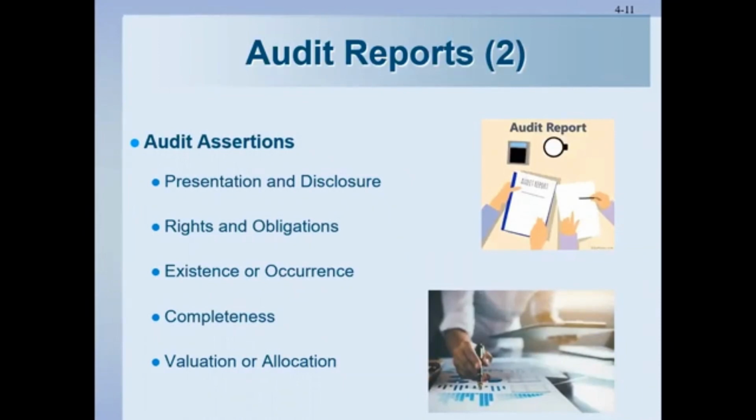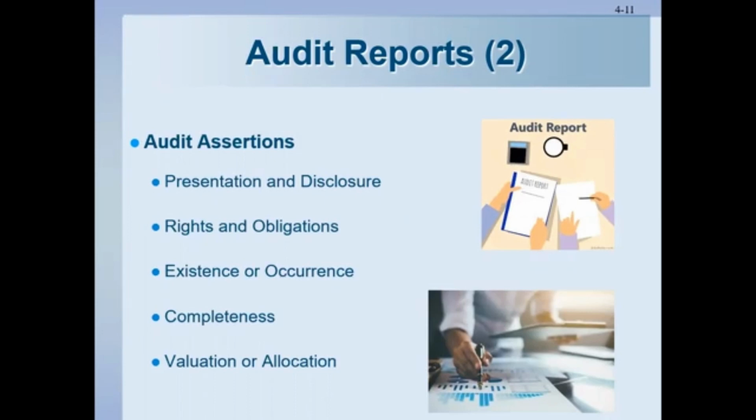Many professionals review and test the authenticity of this assertion by using certain checklists. Now, it helps ensure that the financial statements in question comply with accounting standards and regulation.